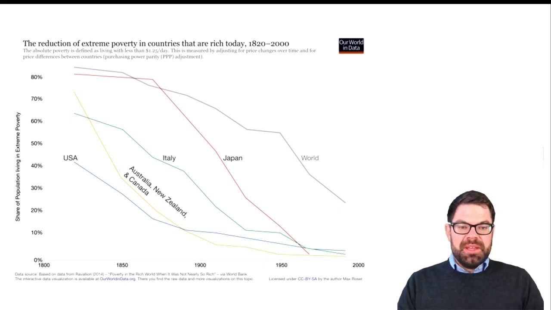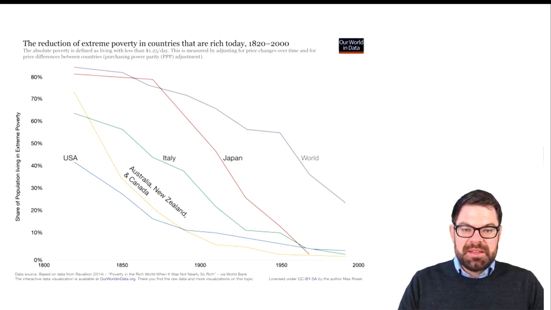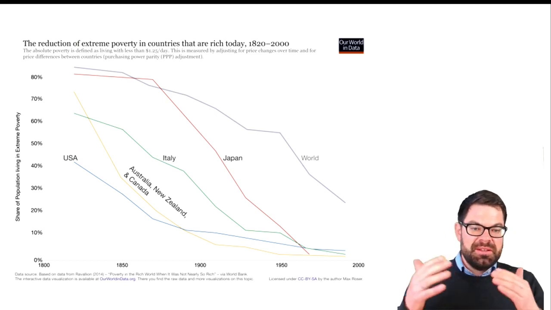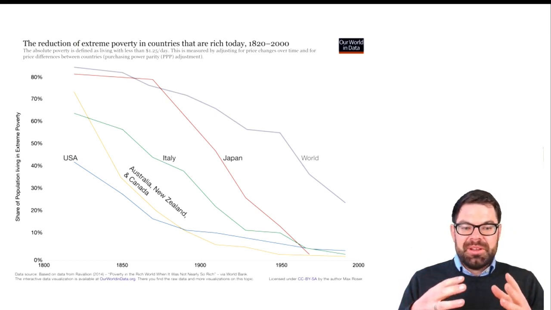Also, I will show you a lot of graphs from a phenomenal website called Our World in Data, that is run by a team at Oxford University. This team have put together an incredible database and a visualization tool where on their website you can look at whatever topic you want, and you find long time series.